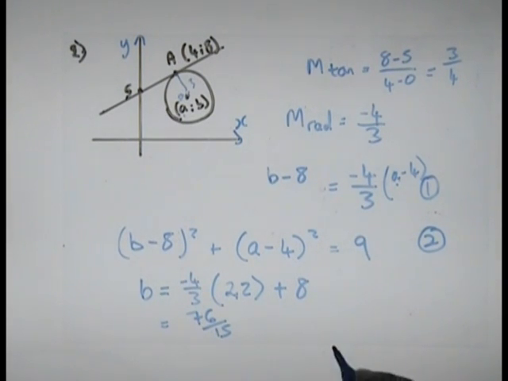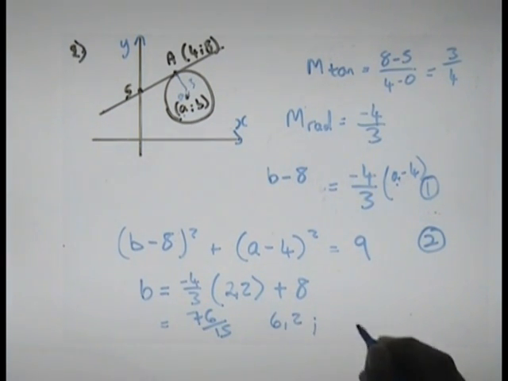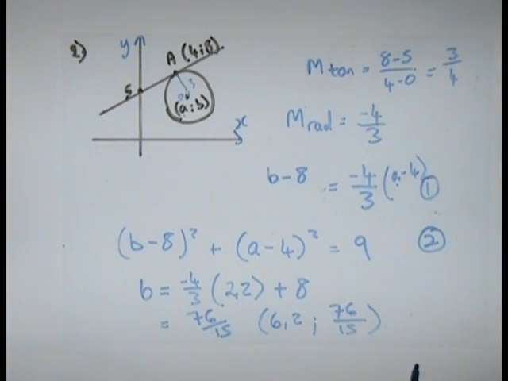That means that one set of coordinates for A and B can possibly be 6.2 for A and 76 over 15 for B. The other set of coordinates for A and B is going to be when A is equal to 9.8.